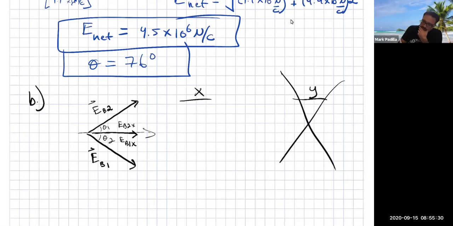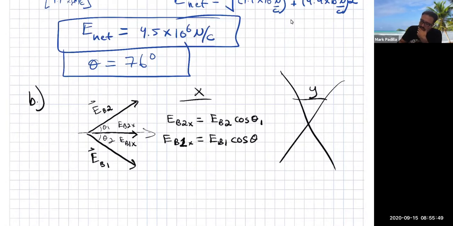So EB2x is EB2 cosine theta 1. EB1x is EB1 cosine theta 1.